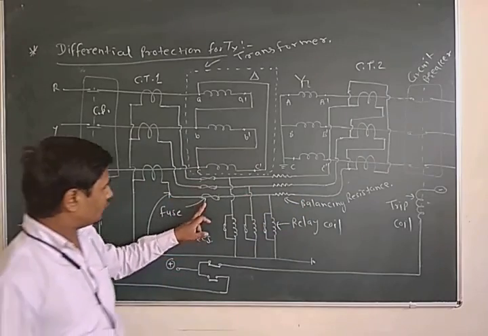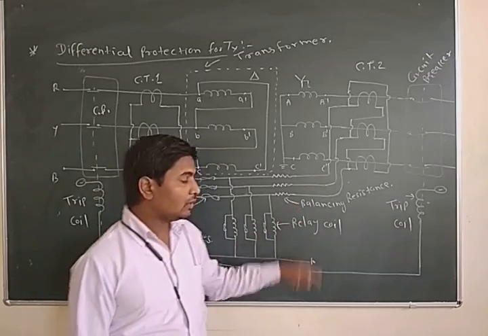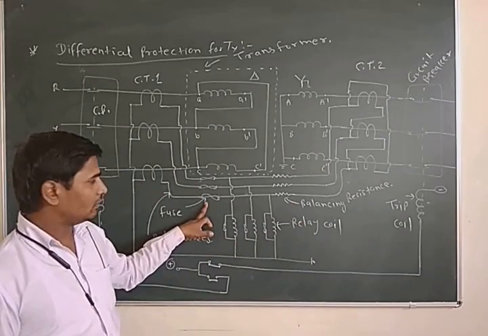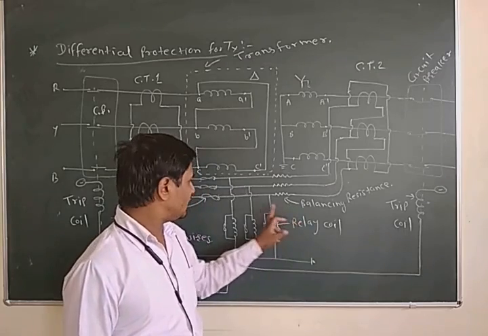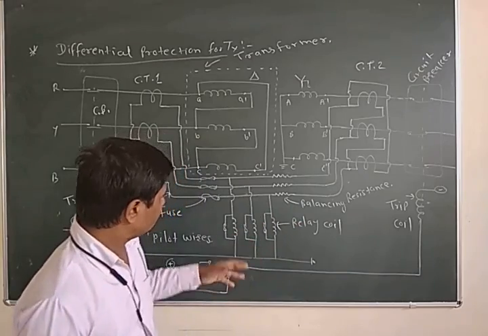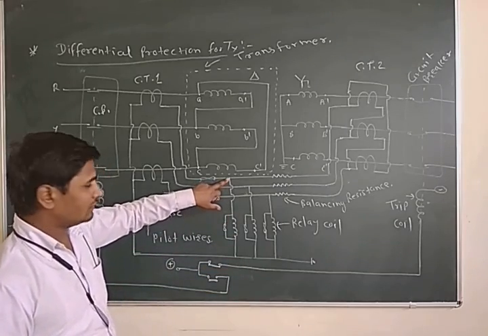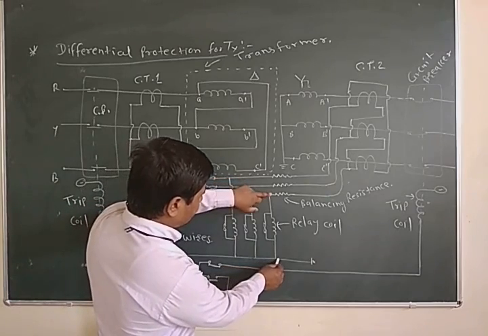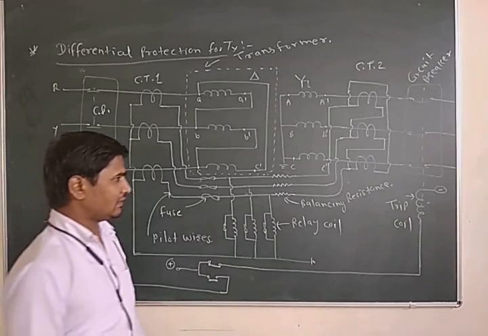In between them, we connect a fuse and a balancing resistance. The fuse is used for overload protection, and the balancing resistance is required to balance the equipotential points, so that the relay coil is connected between two equipotential points. This is the relay winding connection, or relay coil connection, in differential protection schemes.